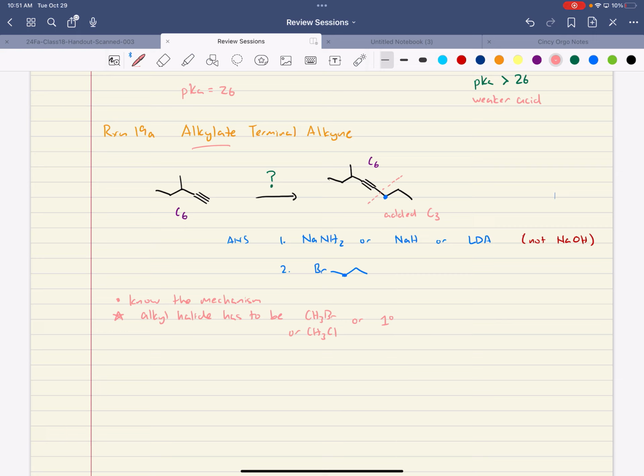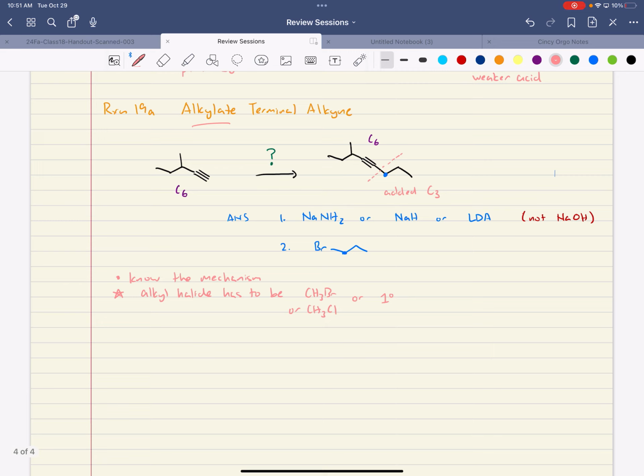With secondary and tertiary, we get into some problems because it's too crowded to attack, and we actually get elimination. Don't worry about that. Worry about how to make the alkyne and your alkyl halide. This has to be primary or methyl.